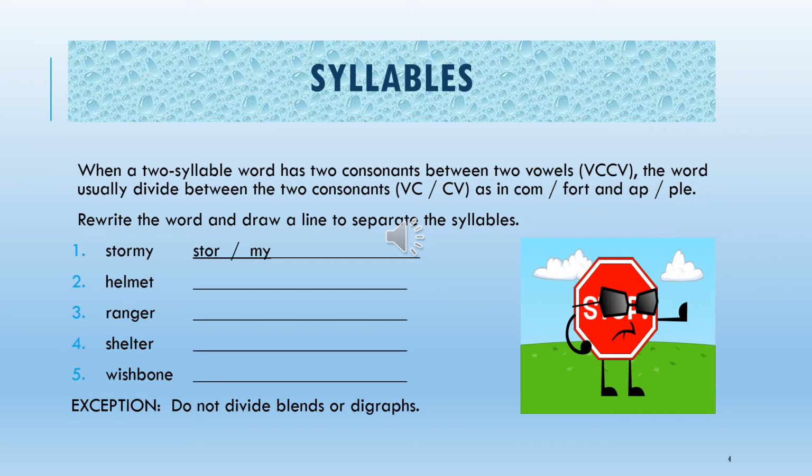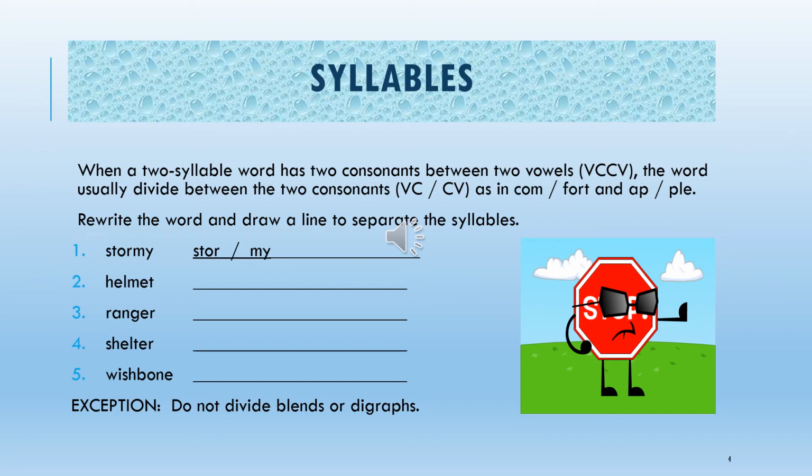Page number 4, syllables. When a 2-syllable word has 2 consonants between 2 vowels, V C C V, the word usually divides between the 2 consonants. V stands for vowel and C for consonant.